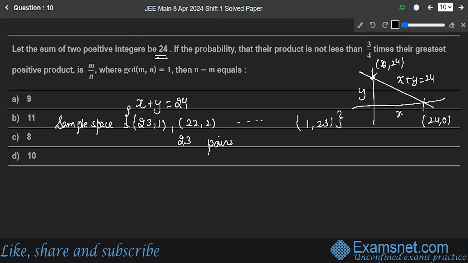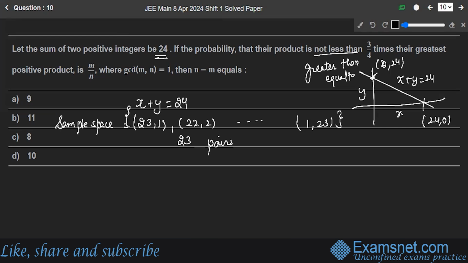This is your 23 pairs. The sample space is going to have 23 such pairs possible. Now, next thing, it's saying the probability that the product is not less than 3 by 4 times the greatest positive product. That means this is greater than or equal to, correct?